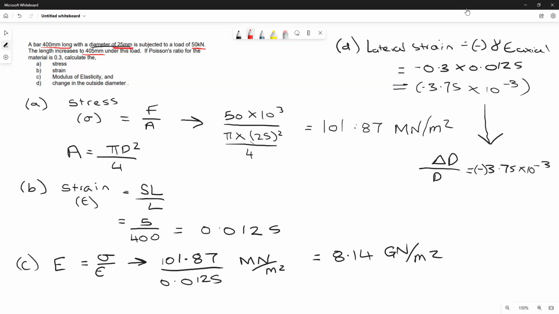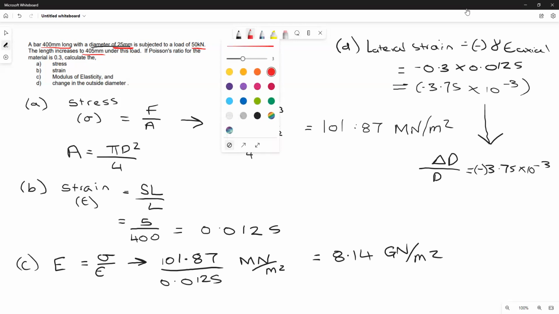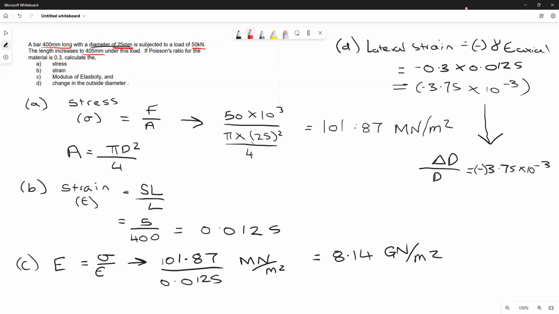So the change in diameter of the bar equals minus 3.75 times 10 to the minus 3 multiplied by 25.